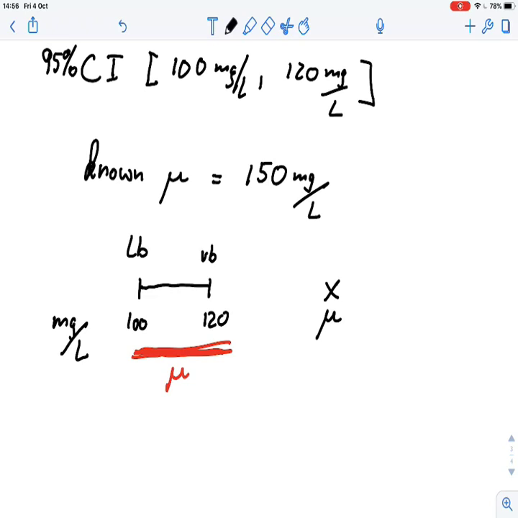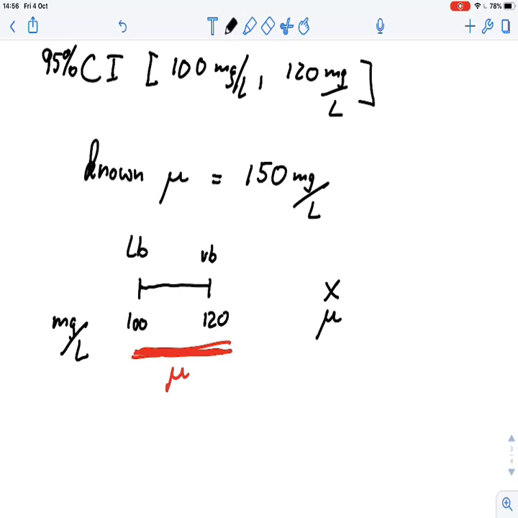Because each sample has a confidence interval. 95 of these 100 samples would usually contain the true population mean. We don't know what the true population mean is, but it would be contained. But 5 samples might not have the true population mean.